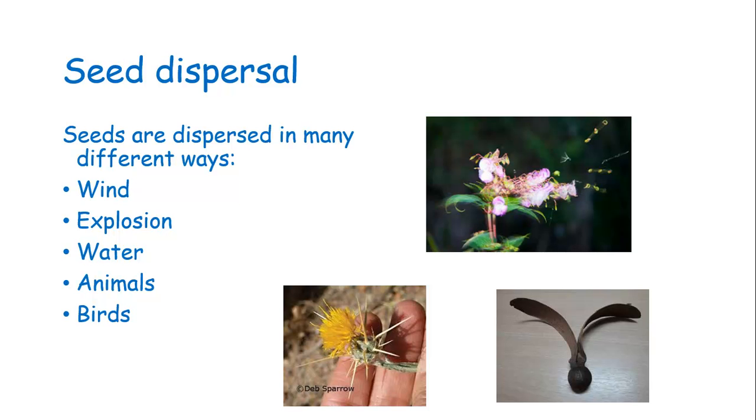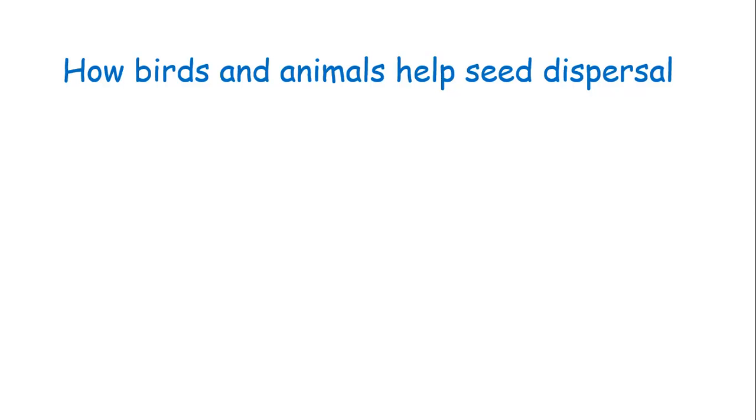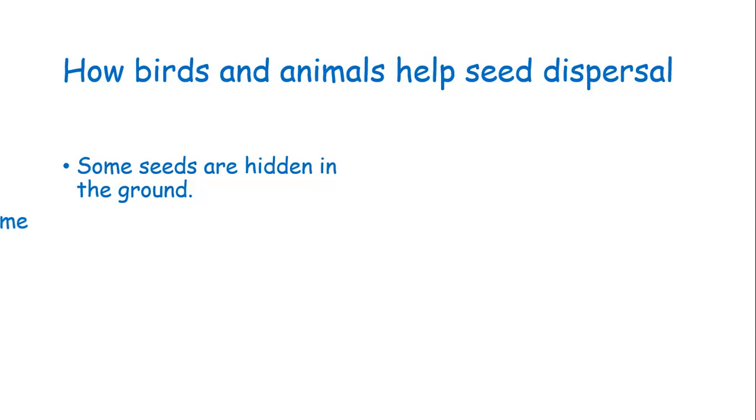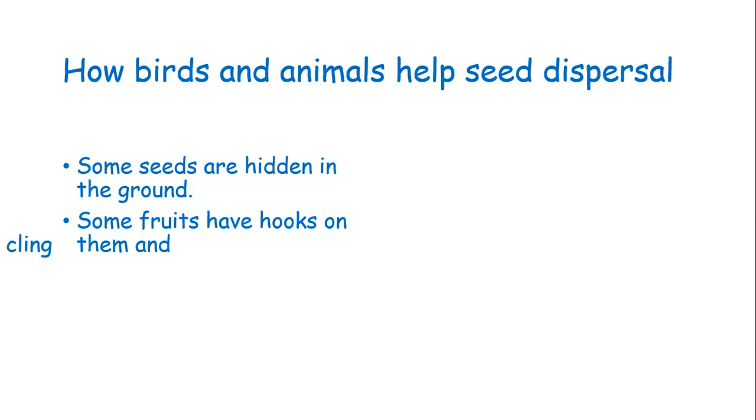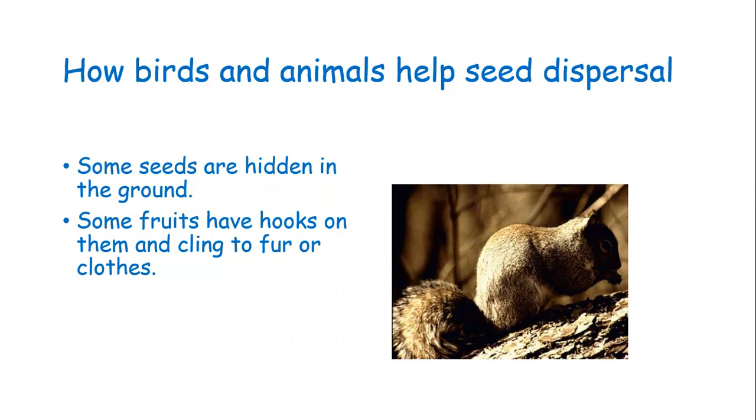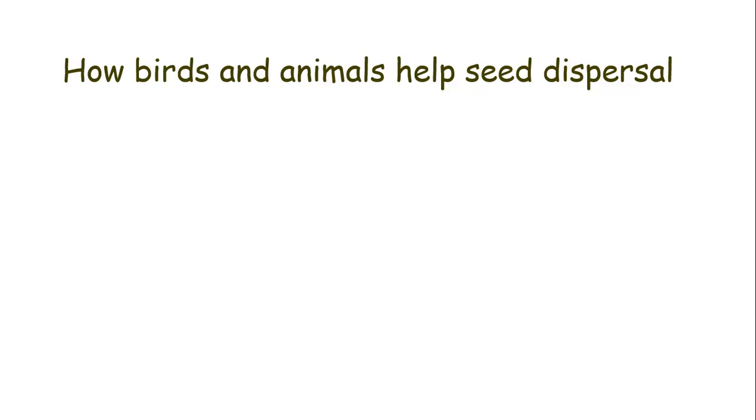Birds eat seeds. Some seeds are hidden in the ground. Some fruits have hooks on them and cling to fur or clothes.